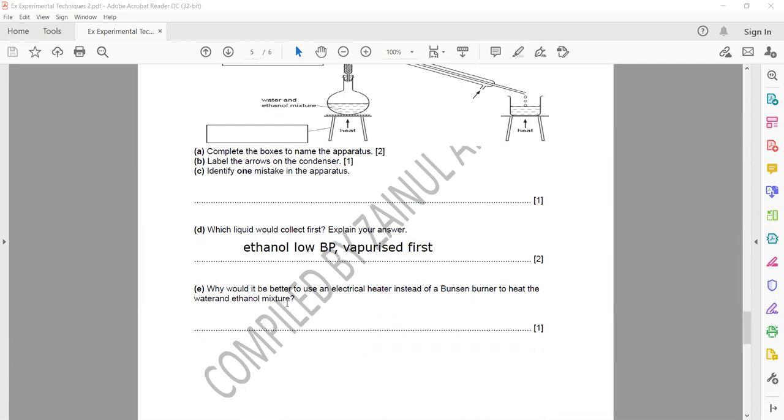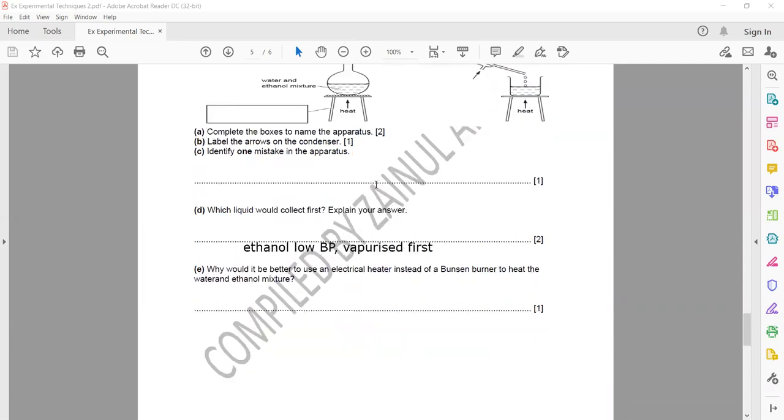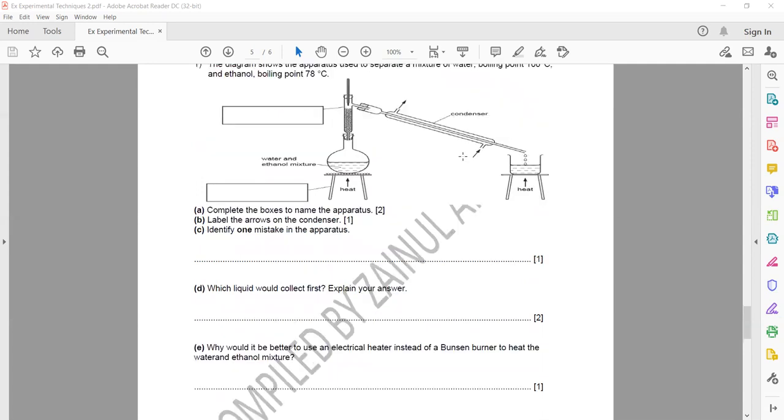Why would it be better to use an electrical heater instead of a Bunsen burner? So why is an electrical heater suitable, not a Bunsen burner? If I use a Bunsen burner, there's a risk involved. A Bunsen burner may cause a fire. Ethanol is a flammable liquid.